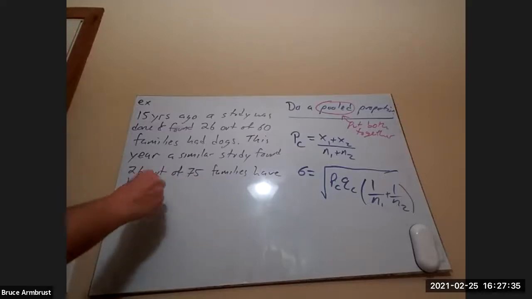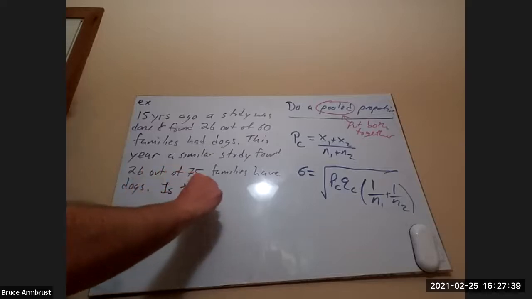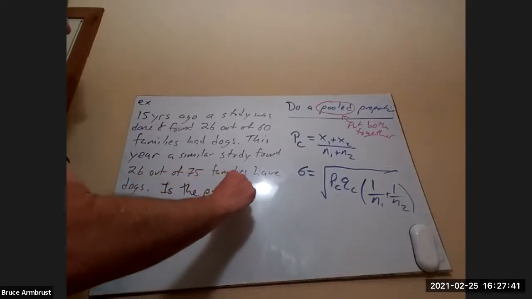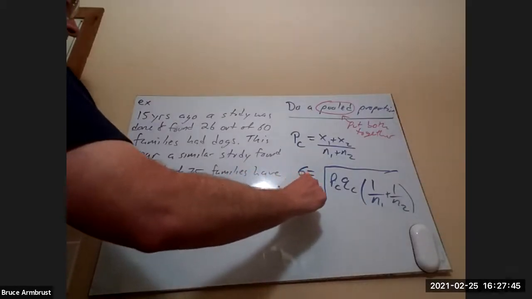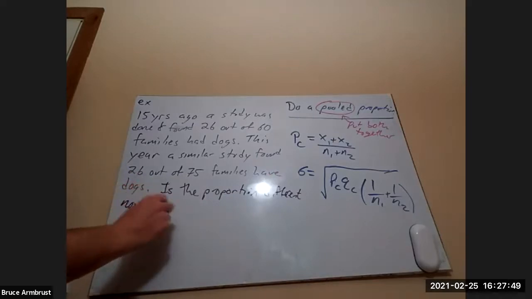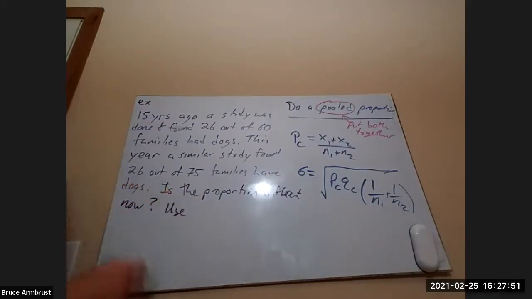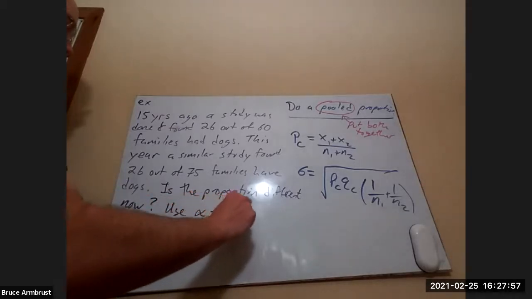All right, so here's the question. Is the proportion different now? And for this, again, we need to have a level of significance. So let's use good old alpha equals 0.05.